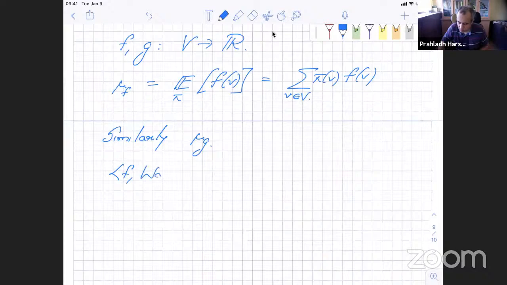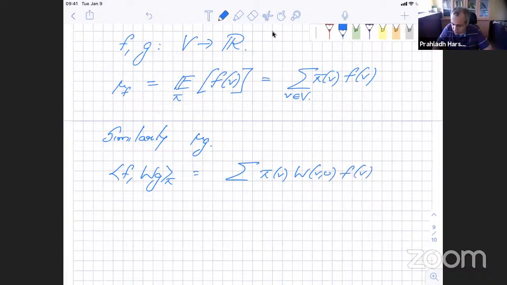This we already saw. This is just the sum of pi v w(v,u) f(v) g(u).